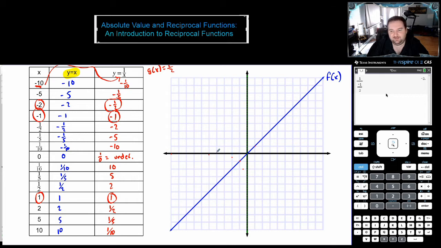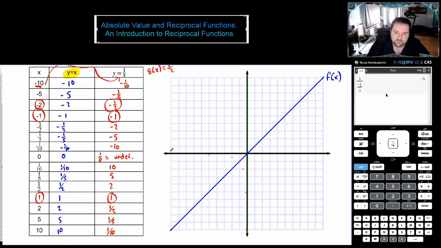So I'm starting to see, it looks like there's a curve here. And I'm pretty sure it's not going to cross this because it's an asymptote, right? So let's try -1/10 and -10. So -1/10, where is that? I don't know. It's really close, and -10's down there. Okay. We also have -1/5 and -5 right there.